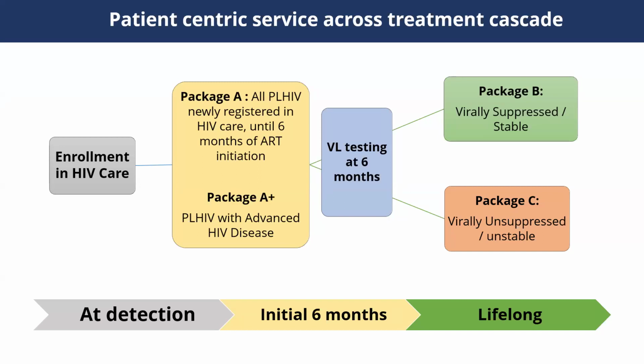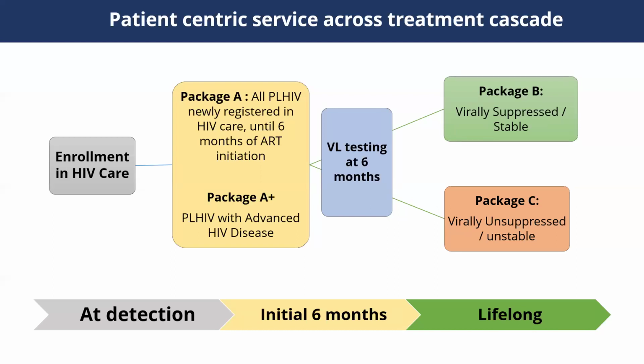Now again, use the chat box. I'll give you a couple of instances, and you just say which package of care. You just say A, B, or C. So now you have a patient who has been on ART for more than 1 year, and his viral load is less than 1,000.